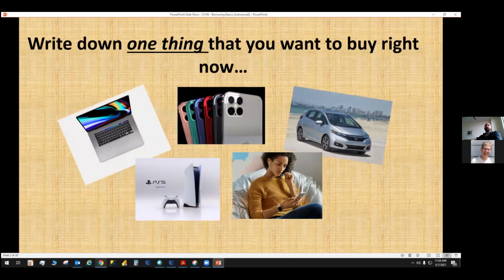I'm going to start here. What I'd like for you to do, whether you're listening to the recording or you're here now, is write down one thing that you want to buy right now. Anything from a PS5 to an iPhone, a new car, a house, something like that. And then roughly how much you think it costs or how much you want to spend on it.